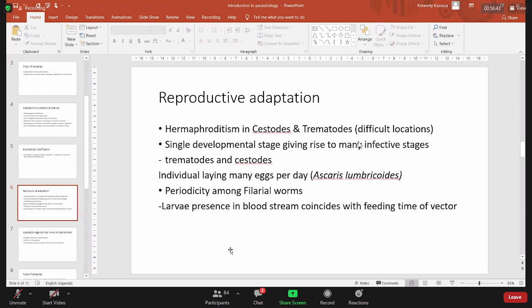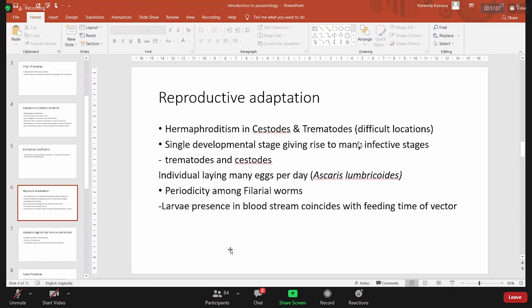So some parasites have become hermaphroditic, whereby both sex organs are found in one individual. And an example is among cestodes and trematodes.